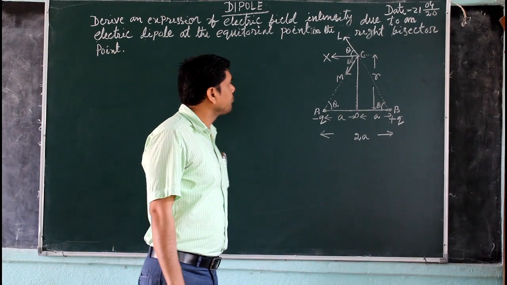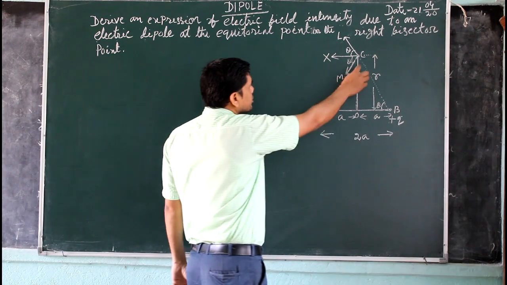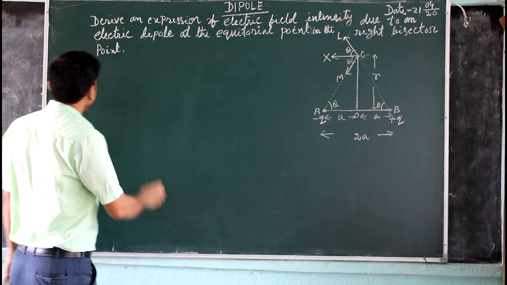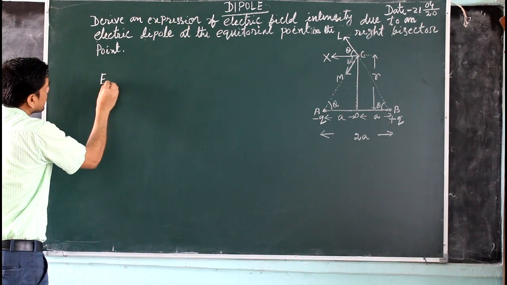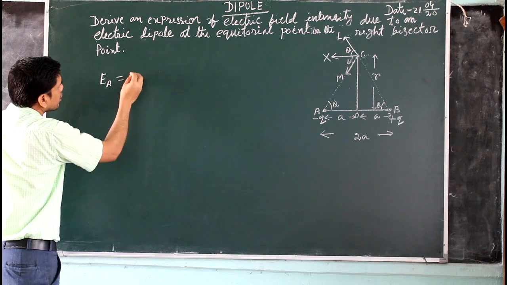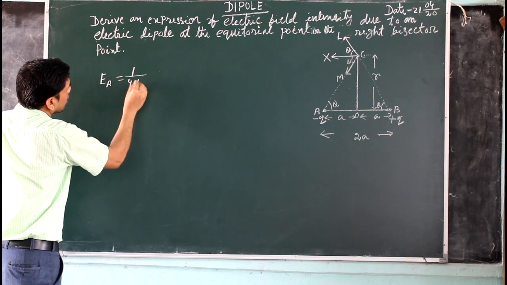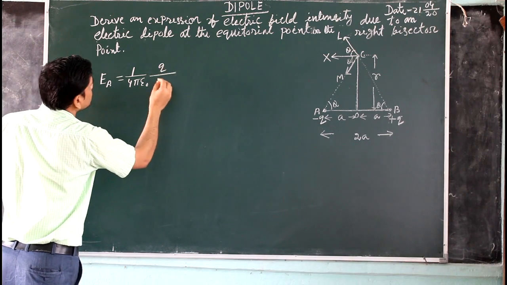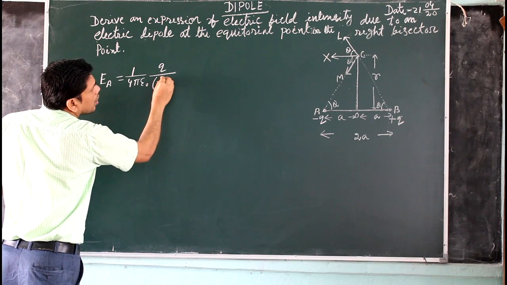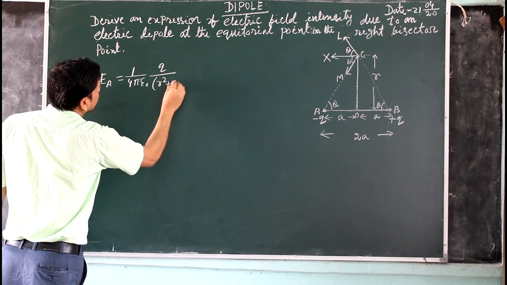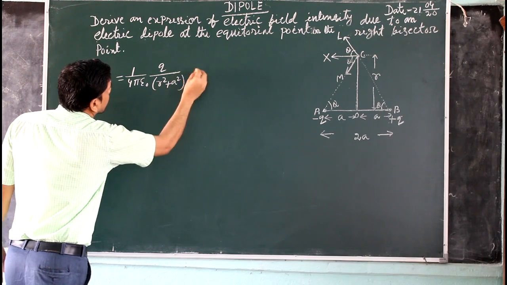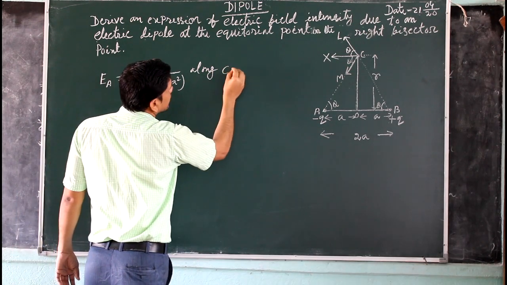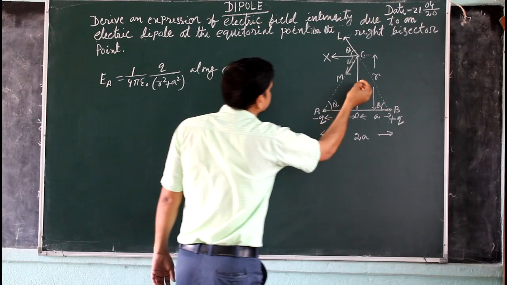First, let the electric field intensity at point C due to this minus q charge at point A be denoted by EA. Then EA, according to the formula we already know, is 1 by 4 pi epsilon naught, q by r square plus a square, and it is along CM, along this direction.